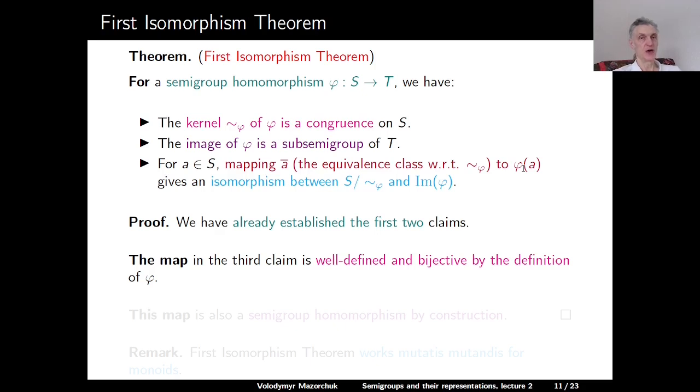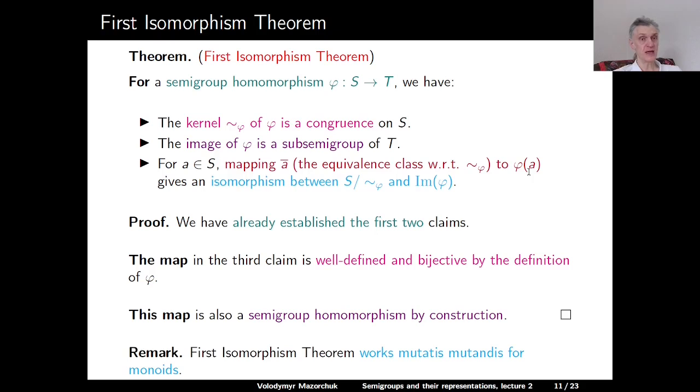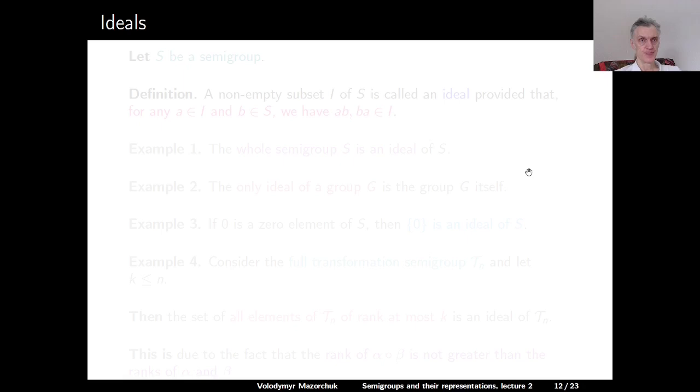That's the definition of the kernel of phi. And this map is a semigroup homomorphism. We just checked it. It follows from the construction of this map. So this completes the proof of the first isomorphism theorem, and we can only note that this first isomorphism theorem works exactly in the same way for monoids.